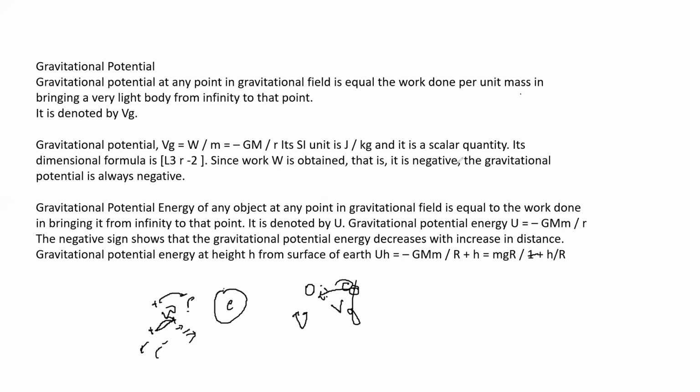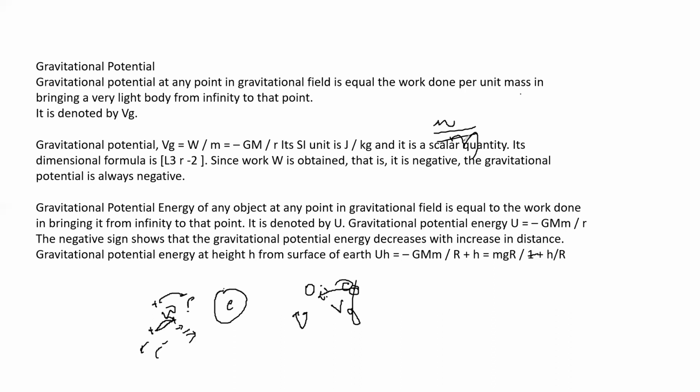Here we have the expression for gravitational potential. It is the ratio of work done per unit mass, W by m. We can substitute W in terms of the gravitational constant and the mass of the planet, so the final expression for gravitational potential is GM divided by r. The SI unit is joules per kg, and it is a scalar quantity.